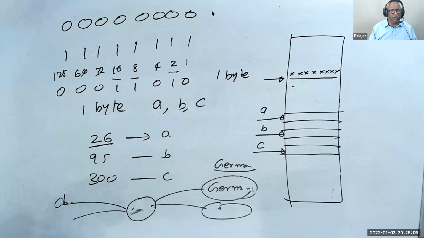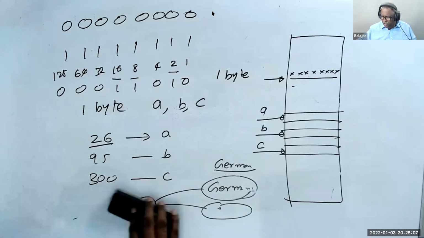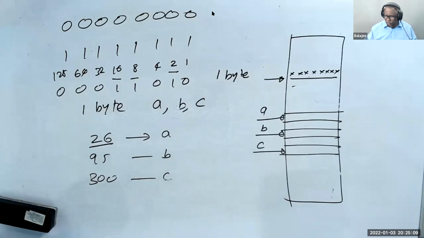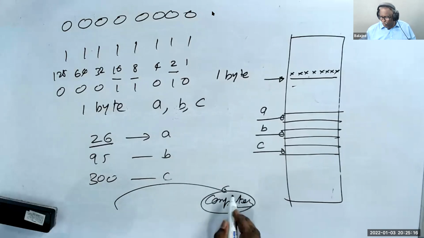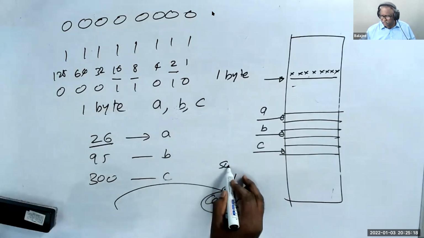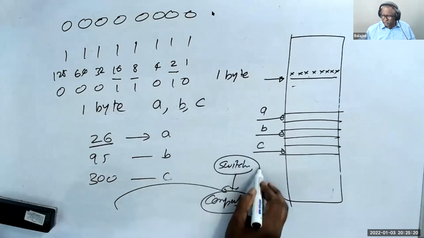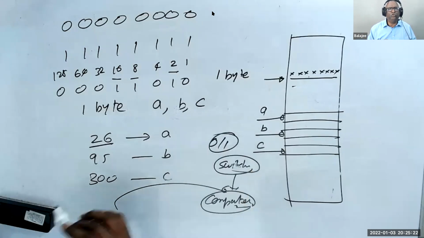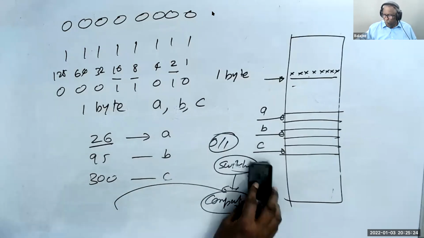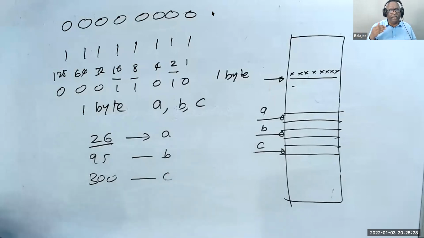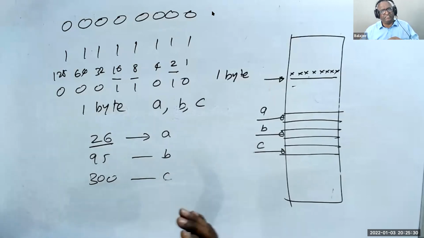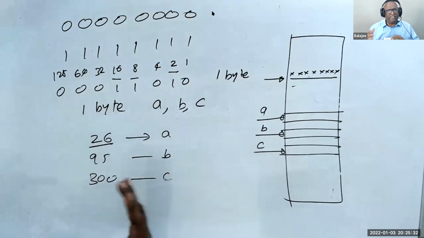You go to Korea, you better learn Korean. Same way, now you are going to the world of computers, which are using only switches, 0 and 1. So please understand, the more fluent you are in binary, that will make you understand this. So this is the only thing.